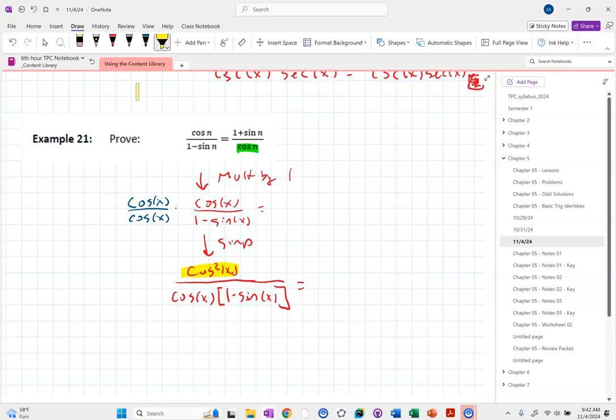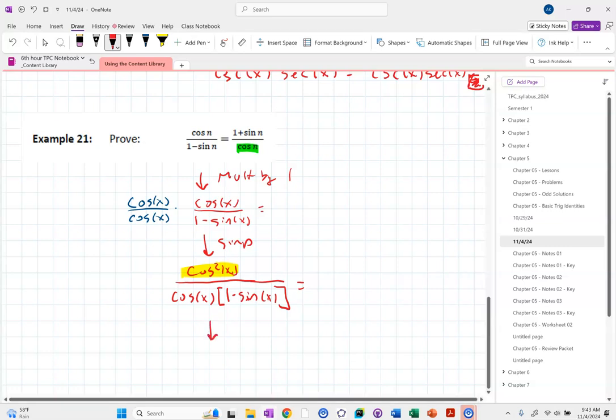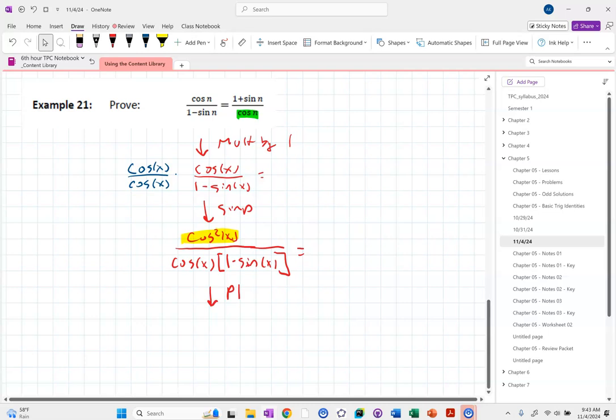I don't want to cancel that out. I want to do something to this cosine squared, because it has the squared attached to it. Guess where I'm going to be looking? The Pythagoreans. What is the other way I can write cosine squared? 1 minus sine squared, right? That's what I'm going to do. I'm going to use that alternate version of P1 that we wrote to change that cosine squared into 1 minus sine squared.